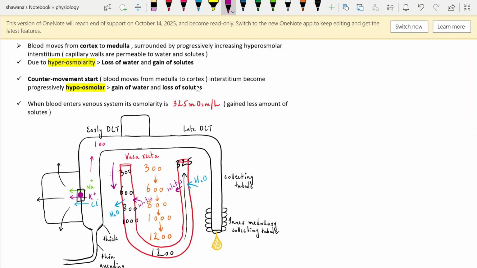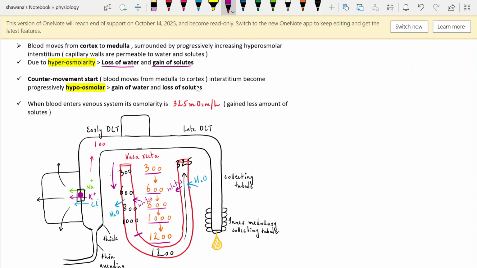As we move from cortex to medulla, the osmolarity keeps increasing, but the blood is passing progressively deeper into the hyperosmolar interstitium, and the capillary walls are permeable to water and solutes. It means that at this point, when there is surrounding hyperosmolarity, the blood starts to lose water and gain solutes.